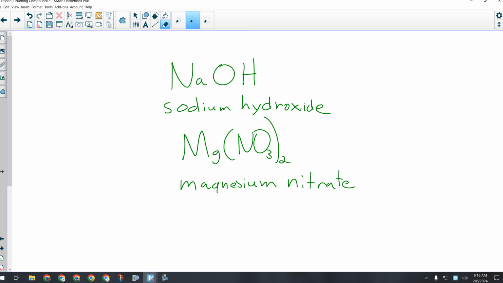Why does it have brackets around it with a 2 outside of the brackets? Because that was probably confusing. You were probably looking for brackets and a 2 up on the table of polyatomic ions. Yeah, there's 2 of these. There are 2 nitrate ions in this compound.